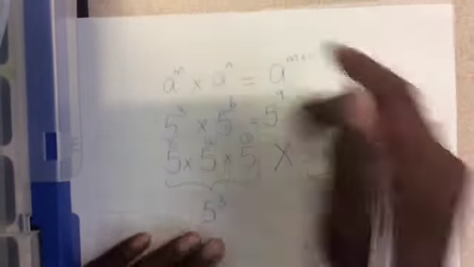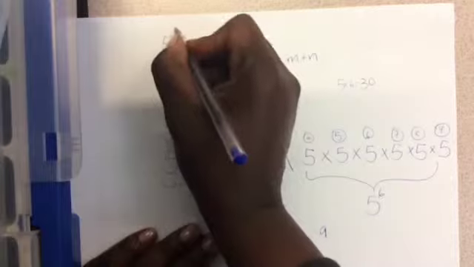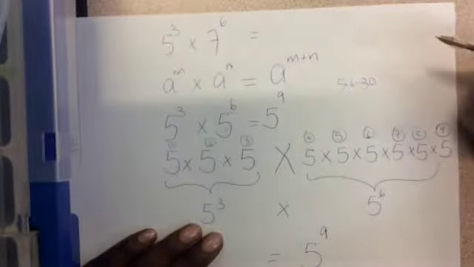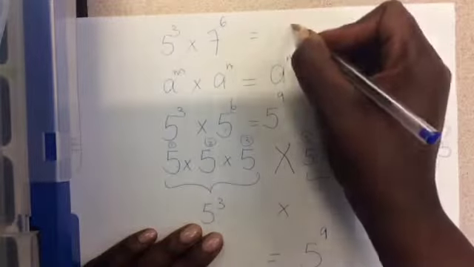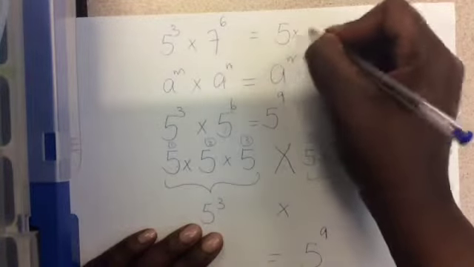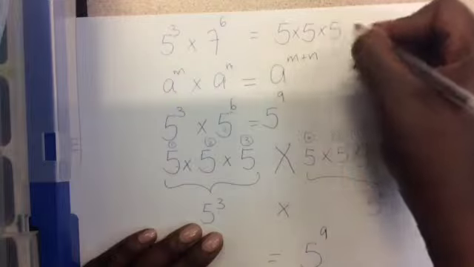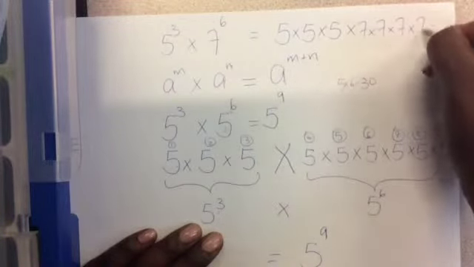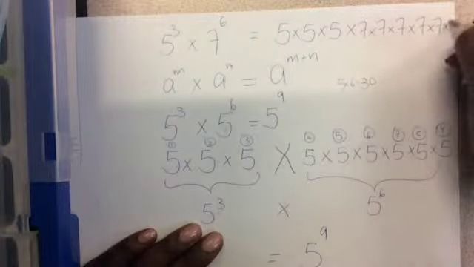Okay? Now, if we had 5 to the power of 3 times 7 to the power of 6, well then that's not going to work. Because when we multiply that out, we get 5 times 5 times 5 times 7 times 7 times 7 times 7 times 7 times 7.